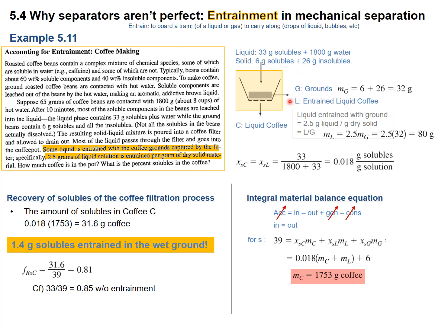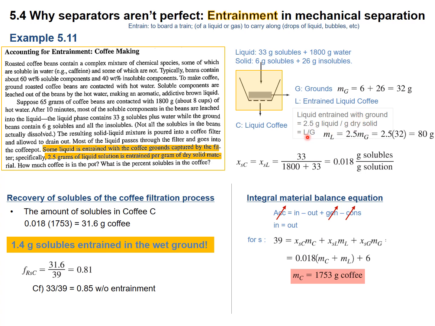So in the stream G plus L, we have 32 gram grounds there. Also, in the problem statement, liquid entrained with ground is found at 2.5 gram liquid per gram dry solid.